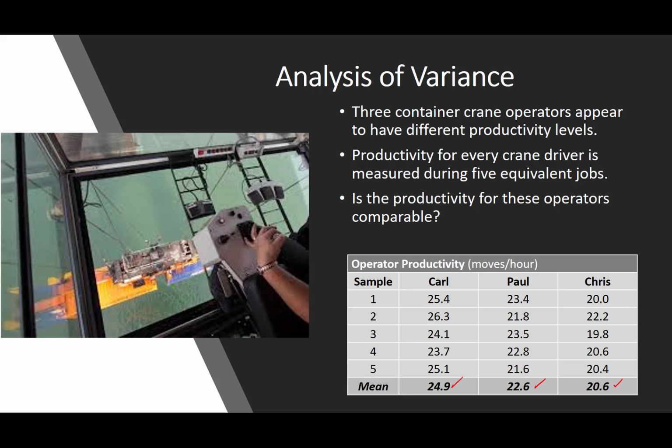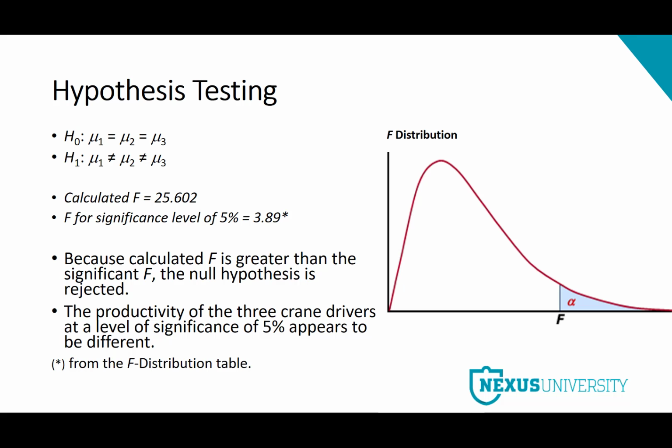And we have the 5 samples here. It's not necessarily easy to conclude from the mean that Chris has lower productivity than Paul and Carl, and that Carl is the most efficient. These are results of a rather small sample. So we're going to use another technique, which is the analysis of variance.